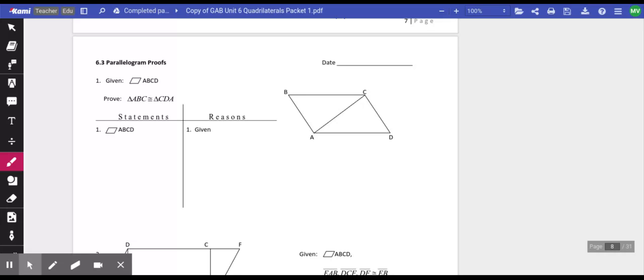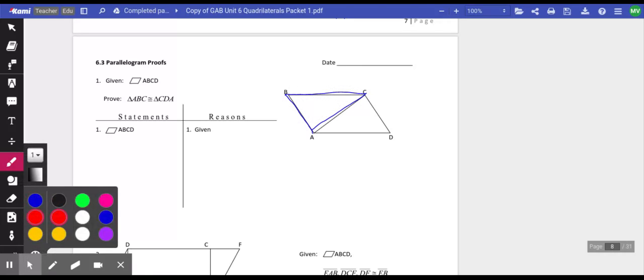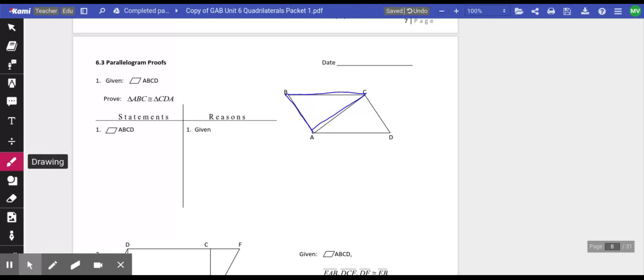Now knowing that, I want to prove that triangle ABC is congruent to triangle CDA. Knowing that ABCD is a parallelogram tells me a couple of things.